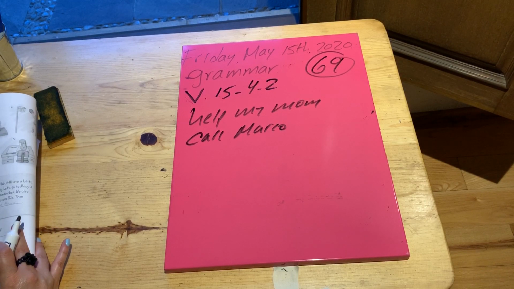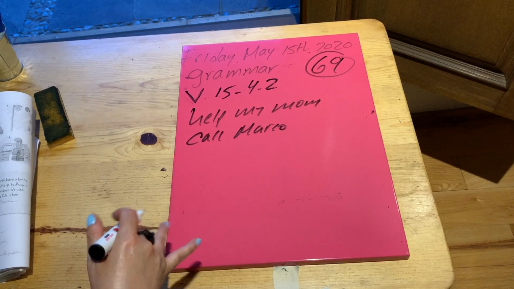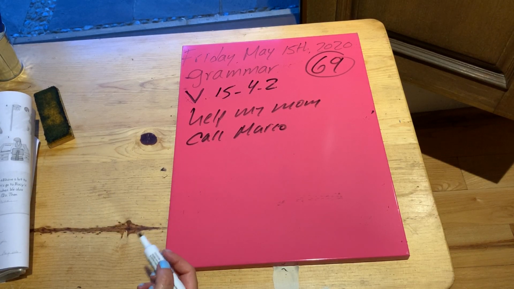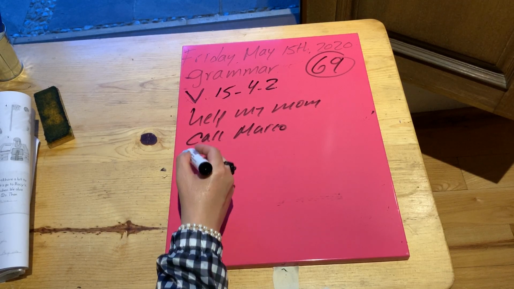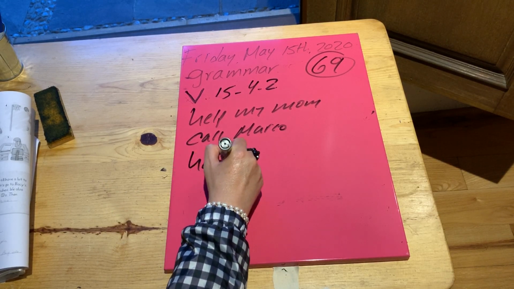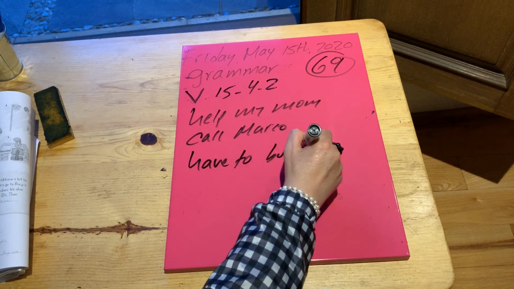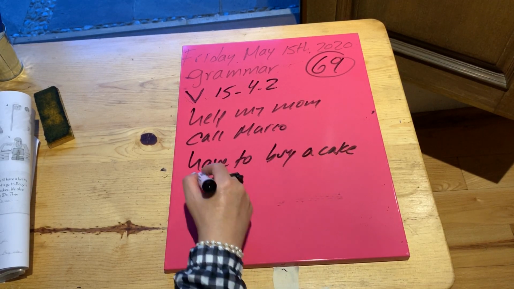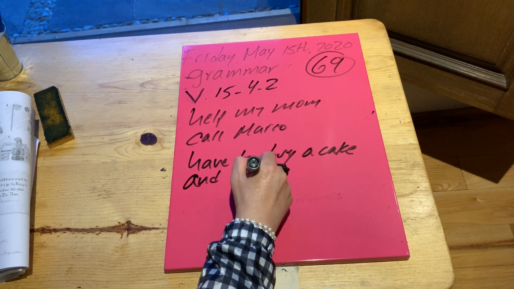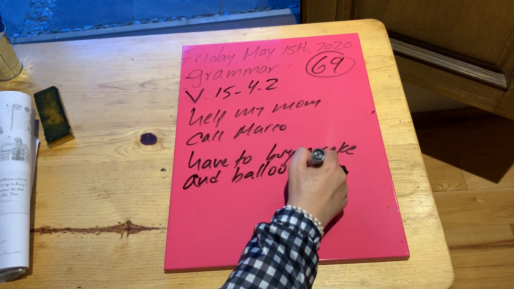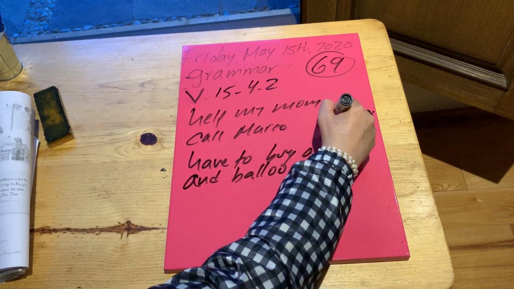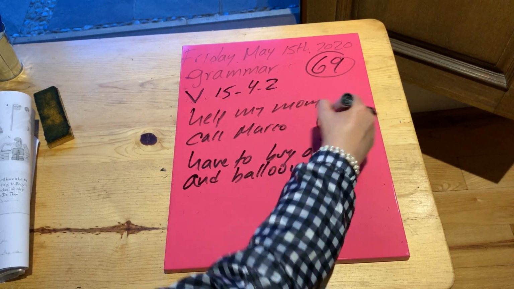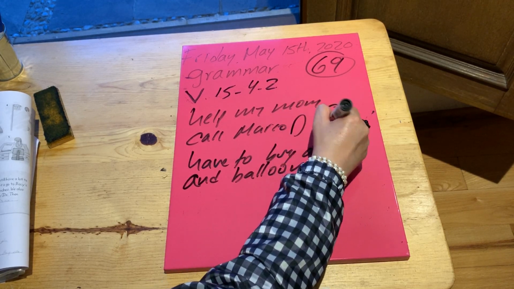What do Claire and Kim have to do in the morning? Okay, and also they have to do this. They have to buy a cake and balloons. So we're going to write, they have to buy a cake, yes, and balloons. These are balloons.